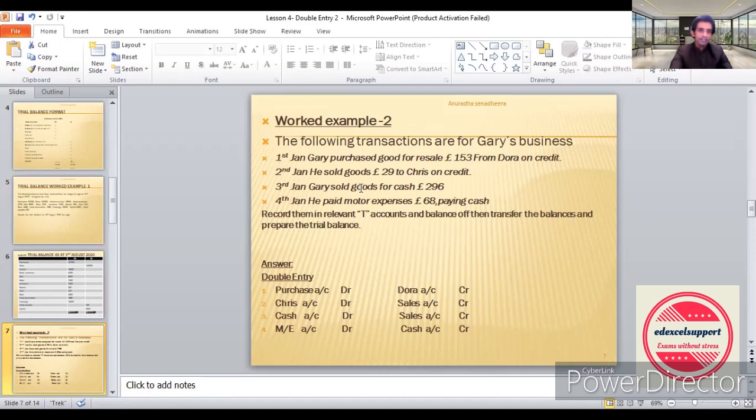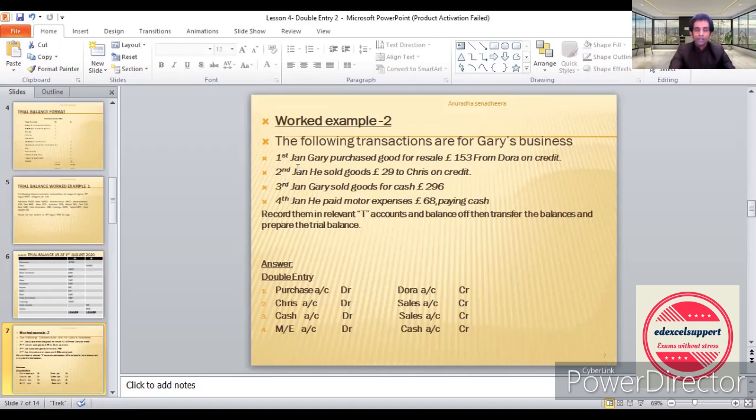So this is a very important question. I included only a few transactions, but to get an idea, this will be a very good question. The following transactions are for Gary's business. First Jan, Gary purchased goods for resale, 153 pounds from Dora on credit.